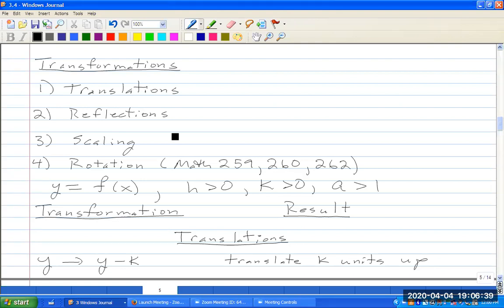Next, rotation. We actually won't be doing rotations in this class. If you took the equivalent class that involves trigonometry, which is called pre-calculus, Math 259, pre-calculus with trigonometry, Math 260, pre-calculus, or, well, in Math 262, which is actually a calculus class, they discuss rotations.